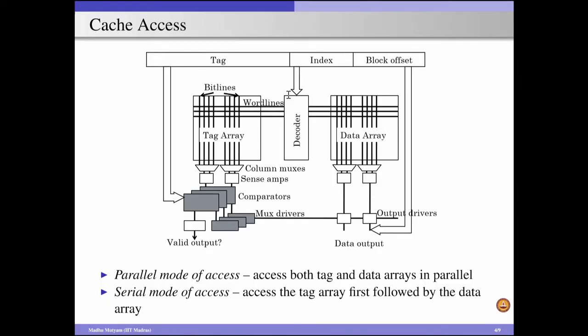The other alternative is to first access the tag array and compare the tag given in the address with the tags read from the tag array, and if there is a hit, then access the data array. If I do this, I can minimize the access energy wastage due to accessing the other blocks in the data array.